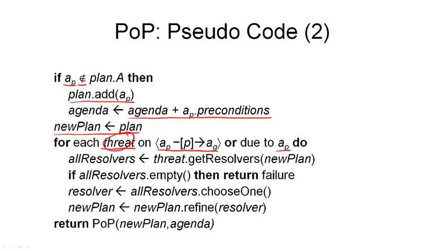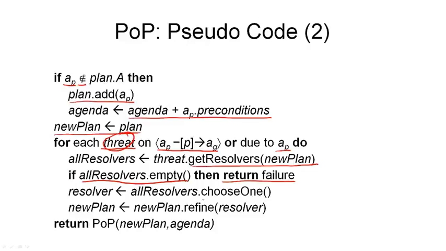So, for each of these threats, we have to compute the set of all possible resolvers for this threat in our current plan. And if there are no resolvers for one of those threats, that means we can return failure because there's no way of removing that flaw from the plan. Again, returning failure here means going to the next backtrack point and trying a different branch in the search tree.